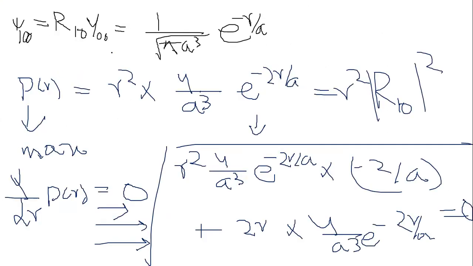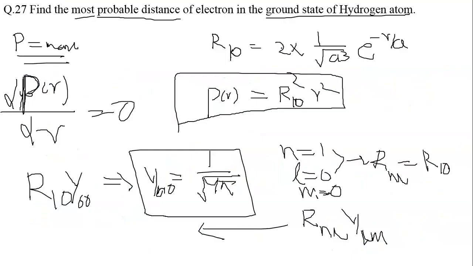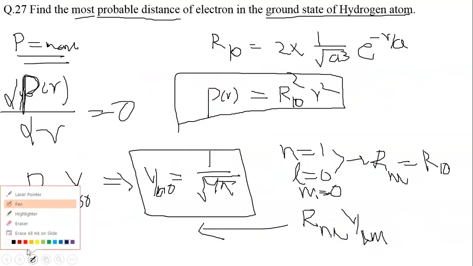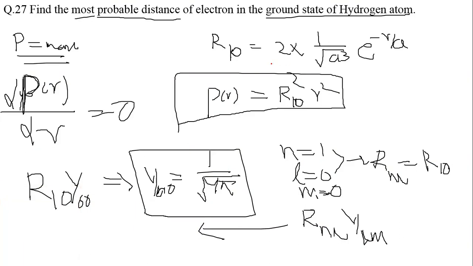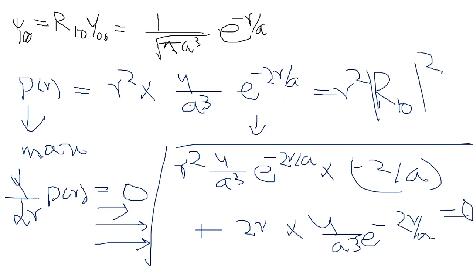So we put here the square of R10, 2 by a to the power 3/2 squared is 4 by a cubed, and it is e to the power minus 2r by a, and r squared is multiplied according to the formula, that is, probability density is r squared into the radial wave function squared.